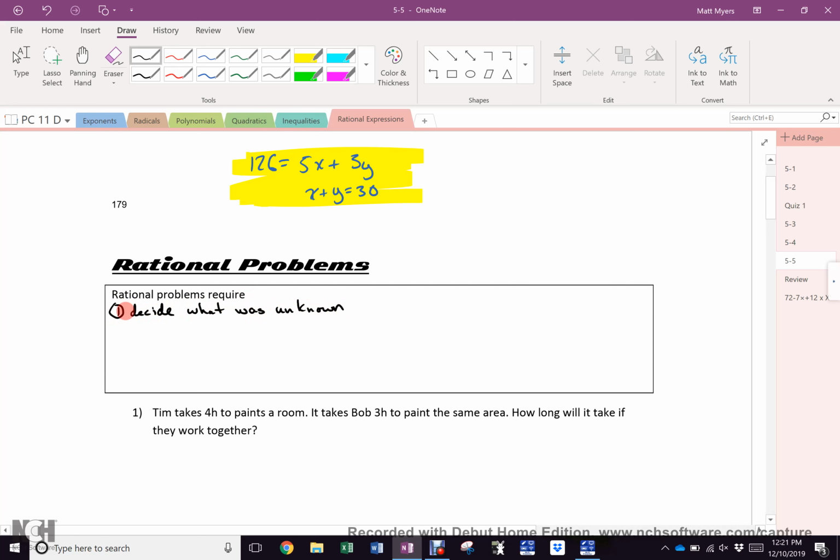Then what did you have to do with that once you'd made that decision? Not yet. Plug in values to what, though? We don't have an equation yet. We've only decided what's unknown.